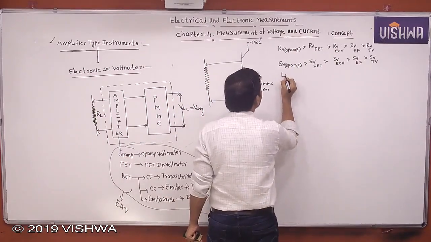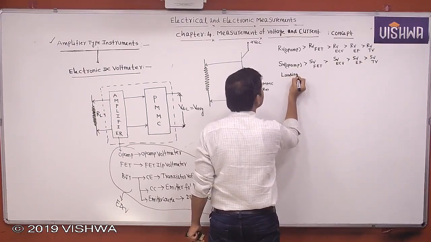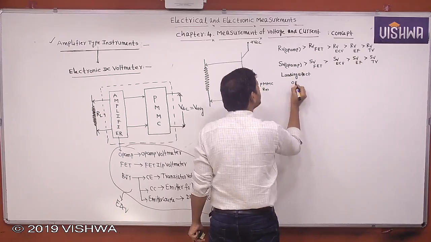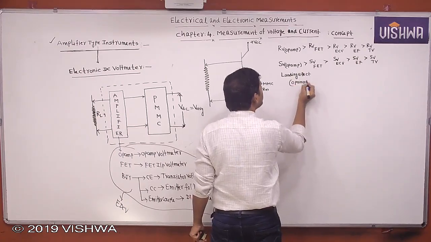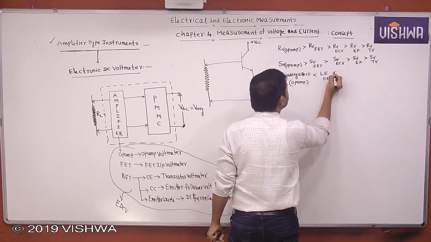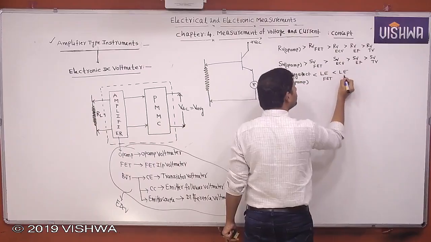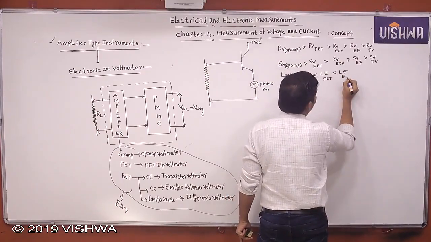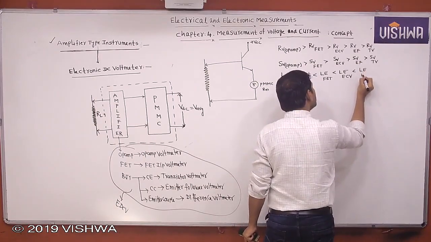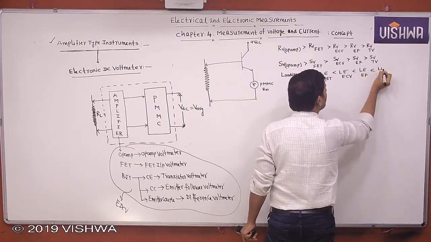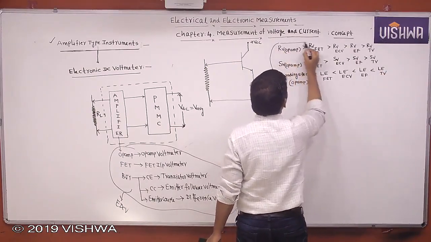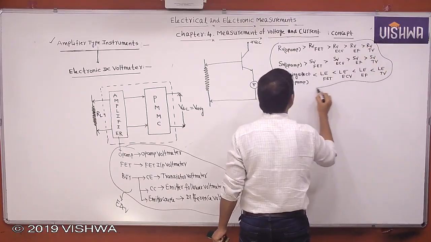So loading effect is least due to op-amp voltmeter, then FET input voltmeter, then emitter coupled voltmeter, that is the difference voltmeter, then emitter follower voltmeter, then transistor voltmeter. Okay, this is the internal comparison with respect to electronic DC voltmeters.